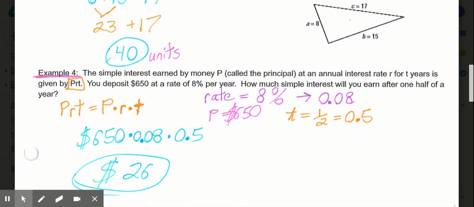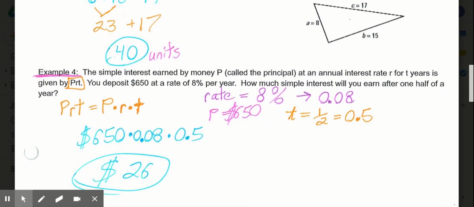Example 4 is again giving us an expression in the form of a word problem and asking us to evaluate. So it tells us the simple interest earned by money, represented by the capital letter P, which is called the principal, at an annual interest rate R. So the interest rate is a lowercase r.